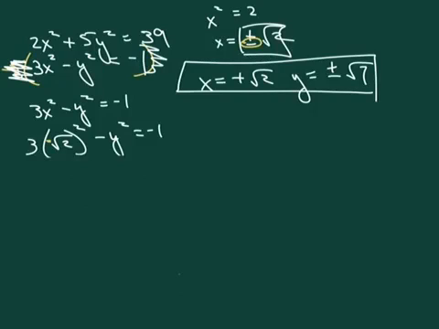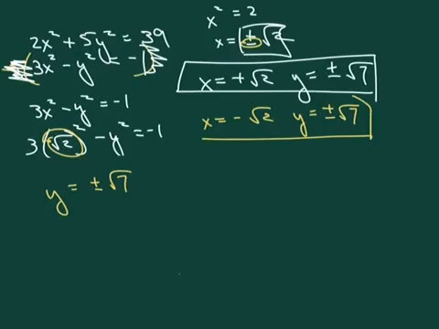Alright, so we put the negative in, and you do the math, you square this, and you get a positive square root of 2. So basically you end up with y equals plus or minus the square root of 7 again. So when x equals negative square root of 2, y equals plus or minus the square root of 7.